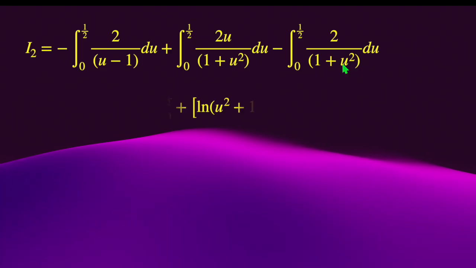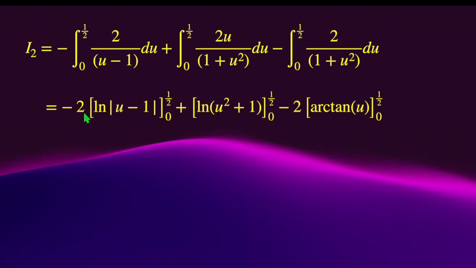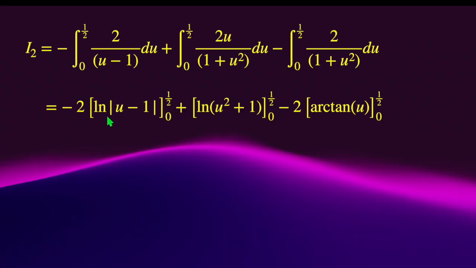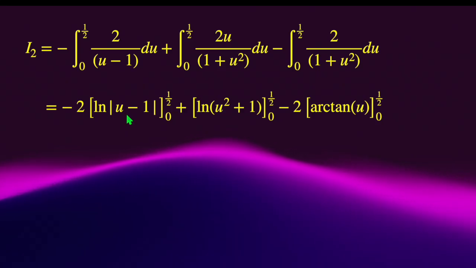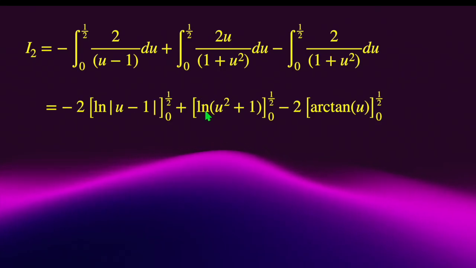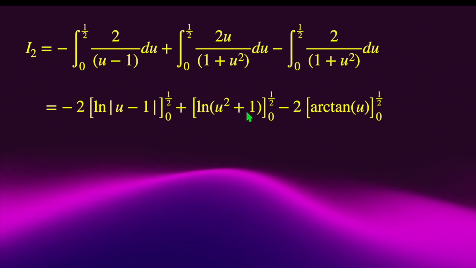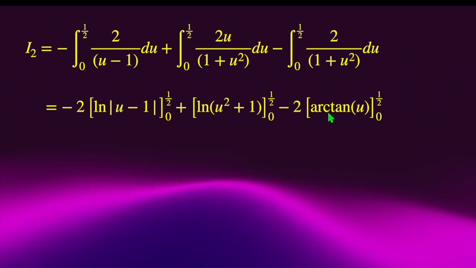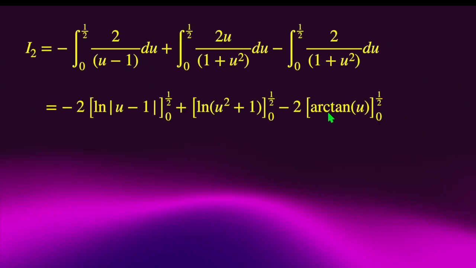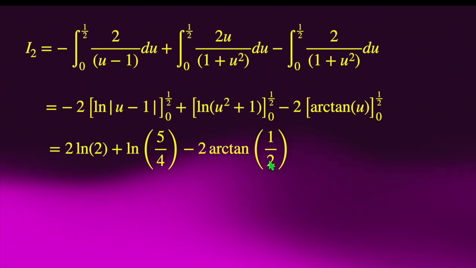So we get that I2 is equal to minus 2, the logarithm of the absolute value of u minus 1. Here we get the logarithm of u square plus 1, and here we get the arc tangent. And if we replace, we get this quantity which we can simplify.